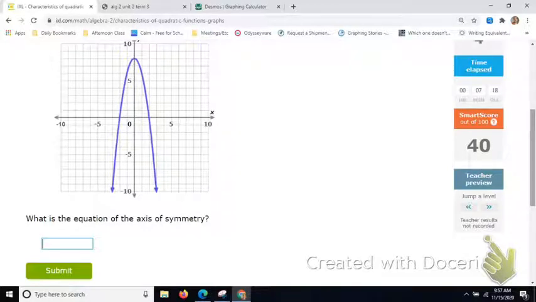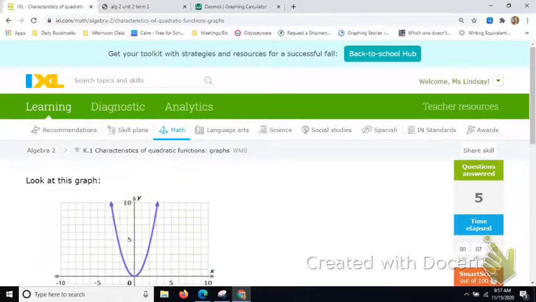With an equation, you always have to type x equals, and then remember it's the line going up and down. So in this case, x is equal to 0. It's also the same as the x of the vertex. So you don't have to use a formula here. You're just getting it from the graph.